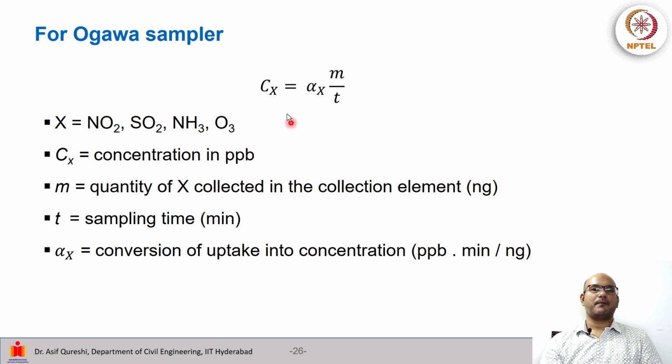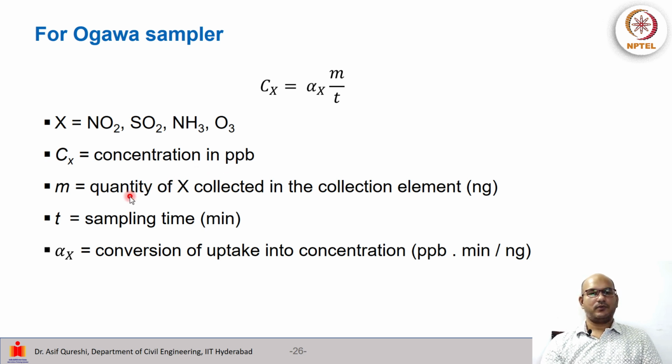For Ogawa type samplers, the uptake is given as alpha x, with all the conversions between ppb and ppm given. So they often report Cx is equal to alpha x multiplied by M divided by T, where X is any gas: NO2, SO2, NH3 or O3. Cx is the concentration of gas in ppb.